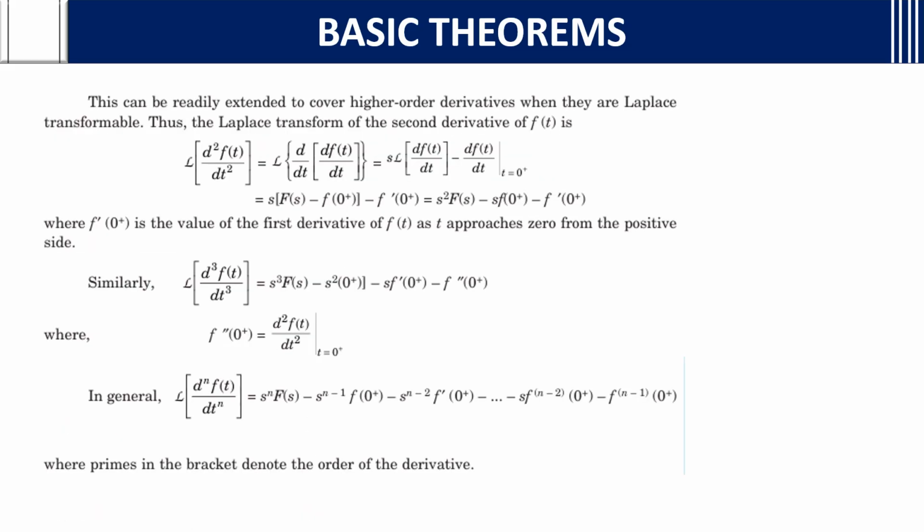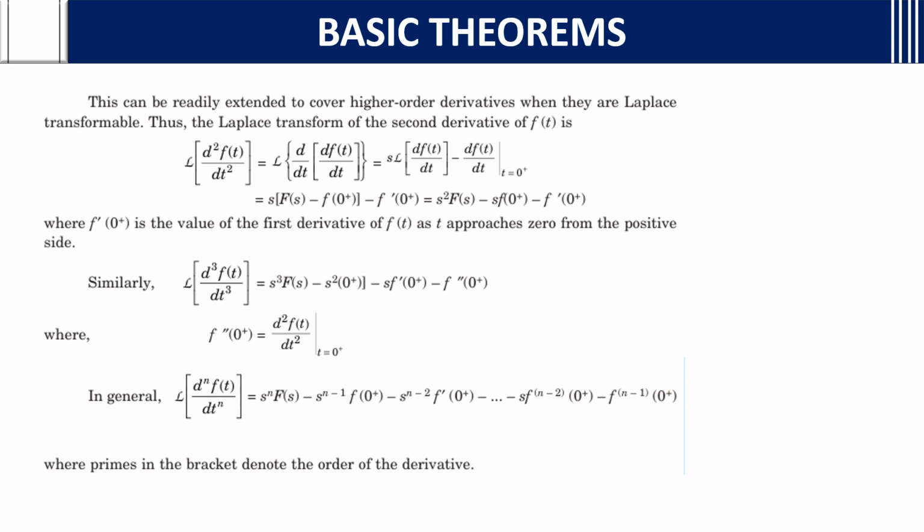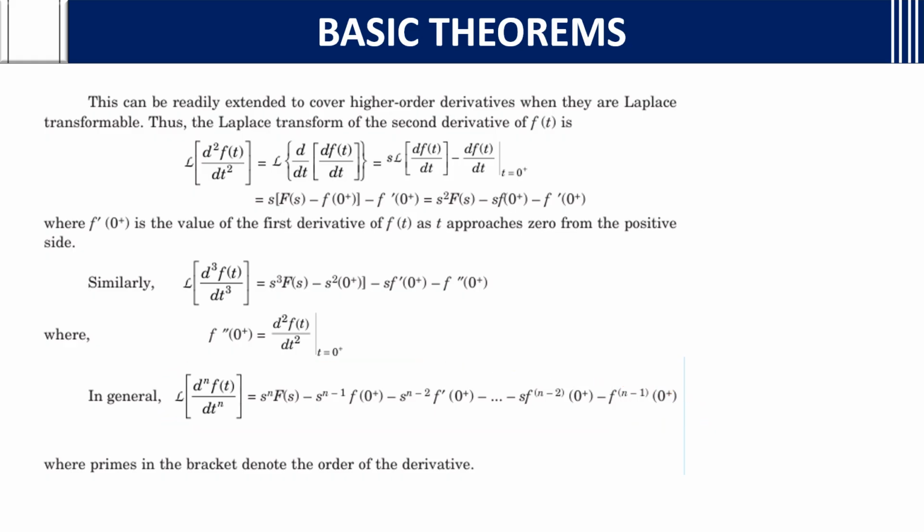The same can be written for the nth derivative also: s to the power n F of s minus s to the power n minus 1 into f of 0 plus, minus s to the power n minus 2 into f dash of 0 plus, and so on until the last. The same thing is explained here, so this much is enough. We can write this till n terms.